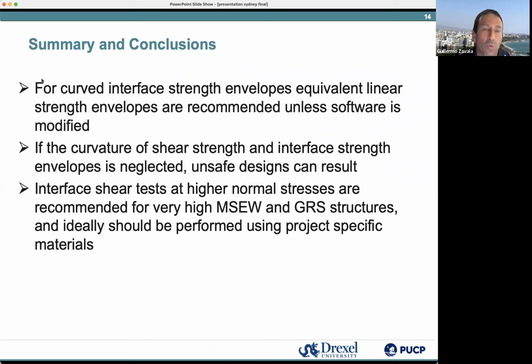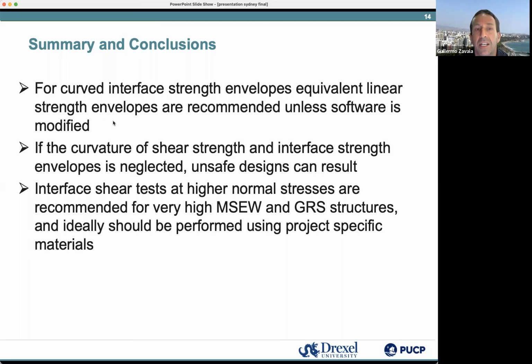So then when we have these curved interface strength envelopes, those equivalent linear envelopes are recommended unless the software can be modified so it can capture those curved envelopes, but that's not very common. Usually you need a linear strength.